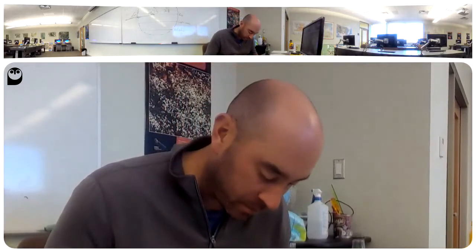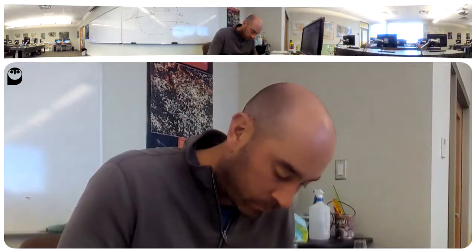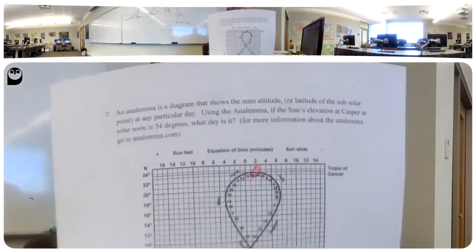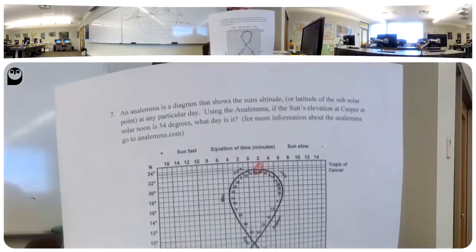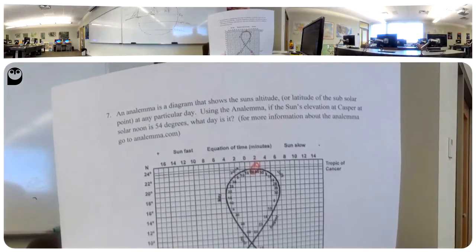Where is the subsolar point? Where are the sun's rays hitting the Earth vertically on June 21st? Tropic of Cancer. All right.